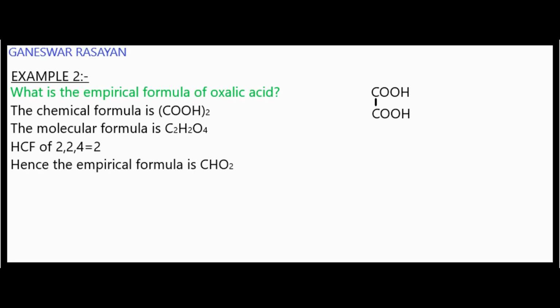Let us see example 2. What is the empirical formula of oxalic acid? The chemical formula is (COOH)2. The molecular formula is C2H2O4. The HCF of 2, 2 and 4 is 2. Hence the empirical formula is CHO2.